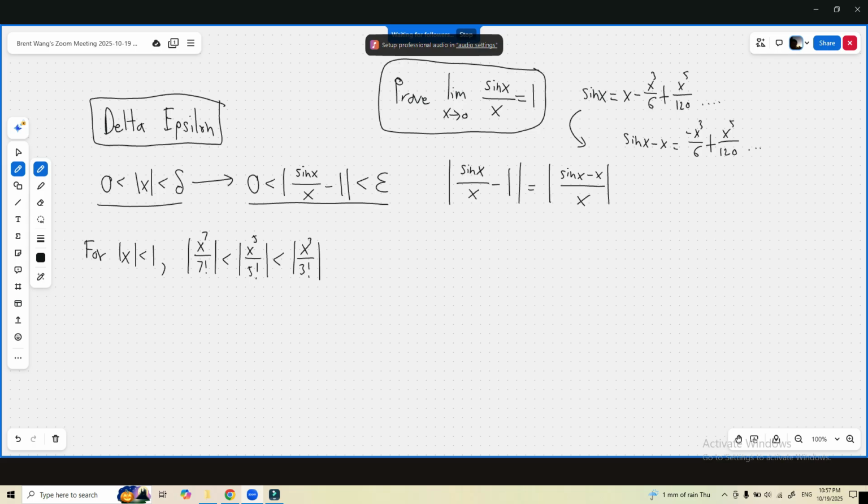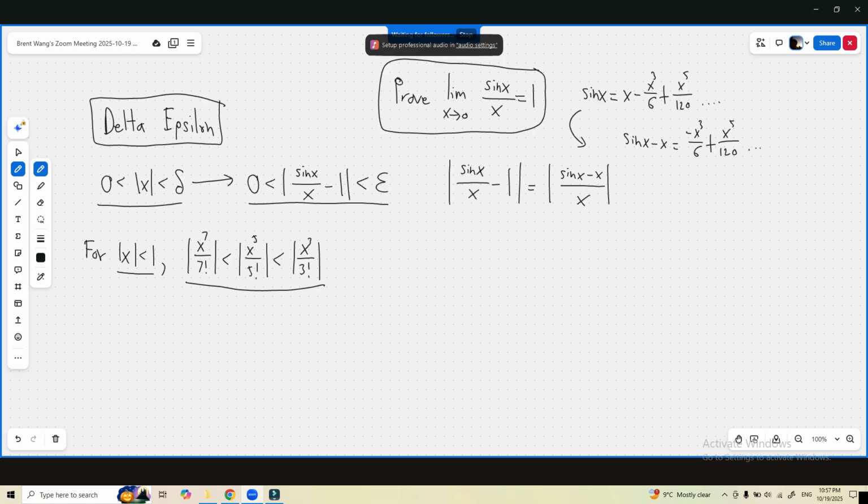Well, let's say you took a number like x equals 0.5 here. Well, if you raise 0.5 to a higher power, its magnitude is going to decrease in size the higher the power 0.5 is raised to. So if the absolute value of x is less than 1, the higher the power is, the lower the value is going to be.